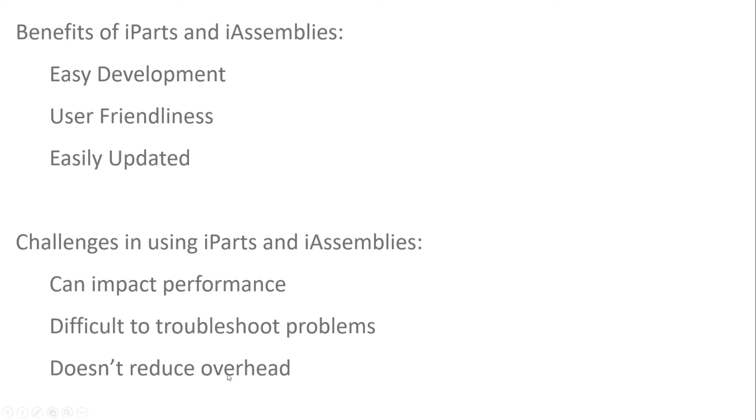And I'm not reducing the number of files I have to manage. So these are things that must be taken into consideration when wanting to use iParts and iAssemblies. iParts and iAssemblies are similar in terms of their challenges and their benefits.